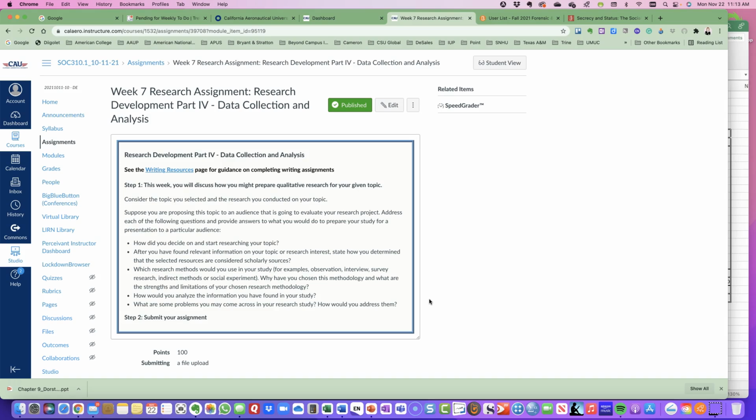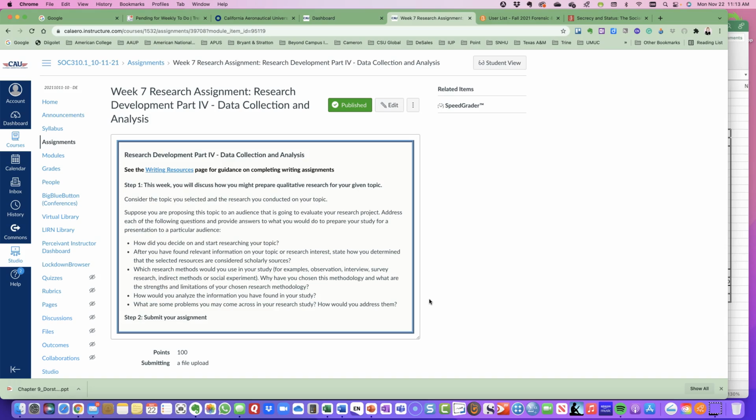And after you have found relevant information on the topic or research interest, state how you determined that the selected resources are considered scholarly sources. So this is part of our literature review process where you look for double-blind peer-reviewed journals to show that, yes, there is a gap in the literature and that's why we need to study it. And then which research methods would you use in your studies?